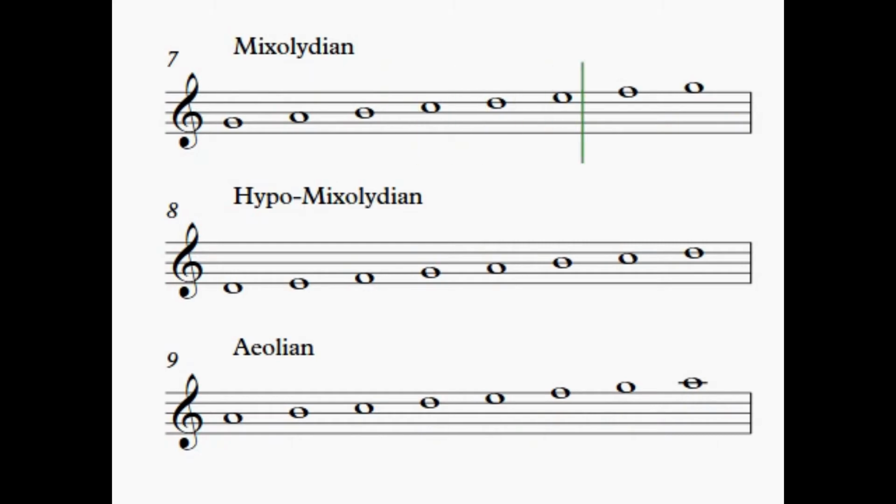The modes are, for instance, Dorian, which would be the notes D, E, F, G, A, B, C, D, with the A not being emphasized in the authentic scale.